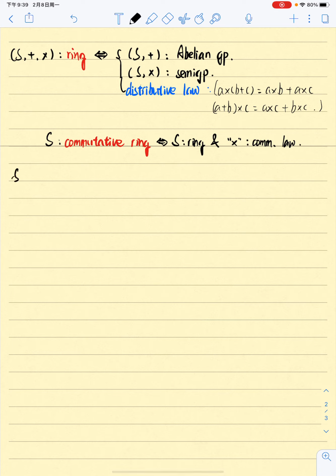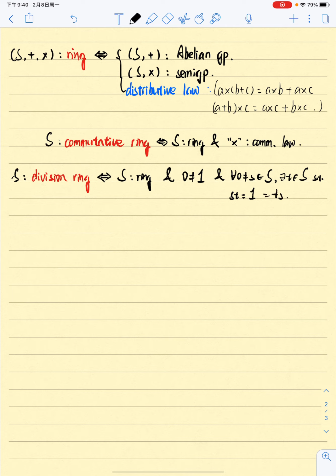And we call S a division ring if S is a ring and 0 is not equal to 1, and for every non-zero element S in S, there exists T in S such that ST is 1 and TS is 1 too.